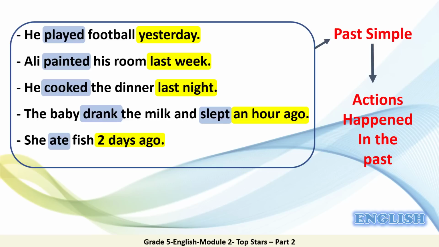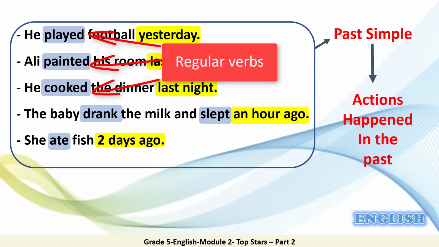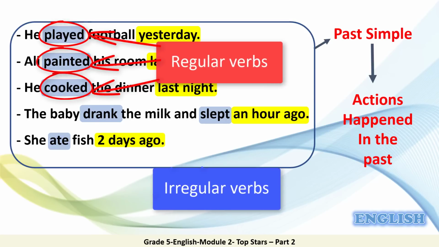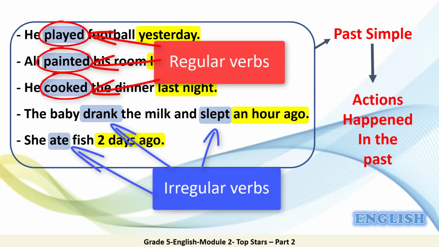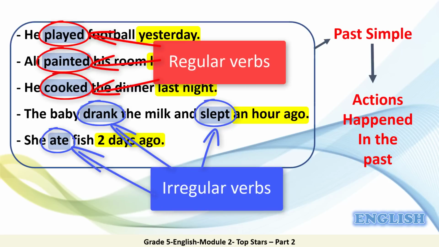Clear, my friends? We also have studied that there are two kinds of verbs. Regular, like the first three examples, played, painted, cooked, and irregular verbs like the last three examples. Okay? Drank, slept, ate. But there is something you need to know, guys, about the regular verbs.